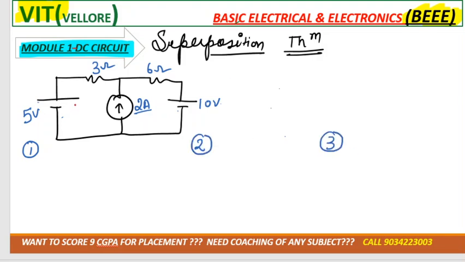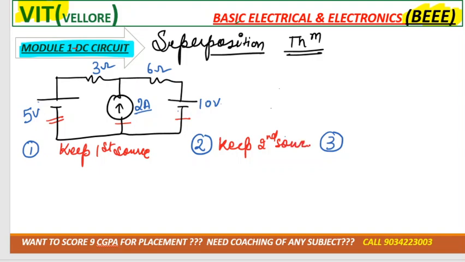Clear? In step number 1, we'll keep the first source and kill all other sources. In the second, keep the second source, and in the third, keep the third source.